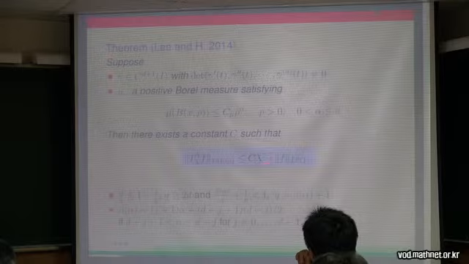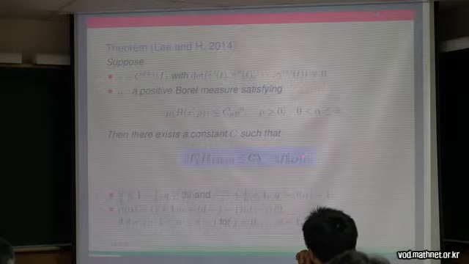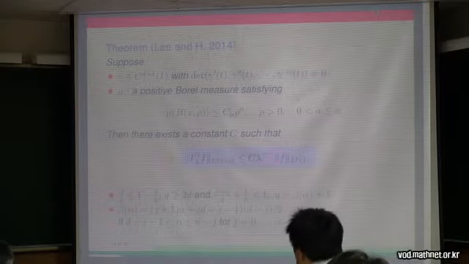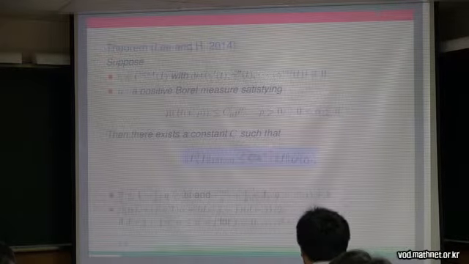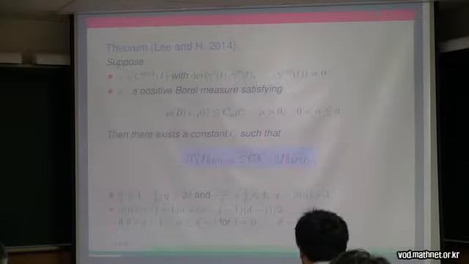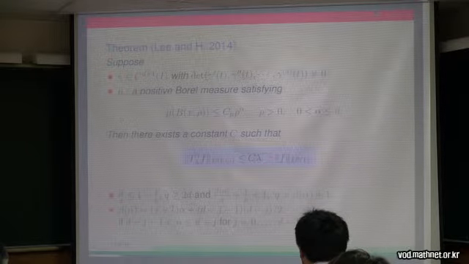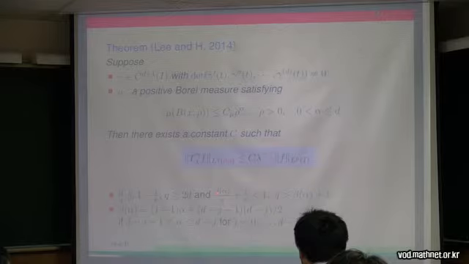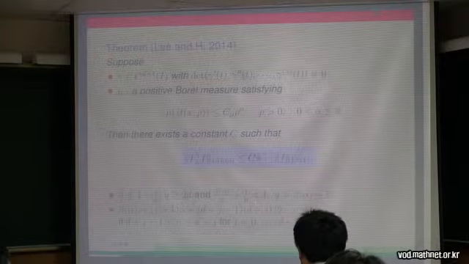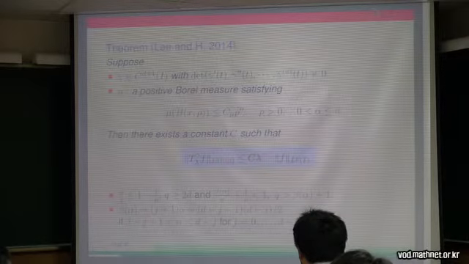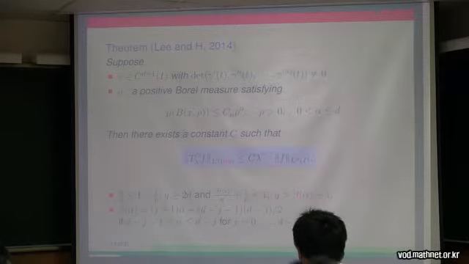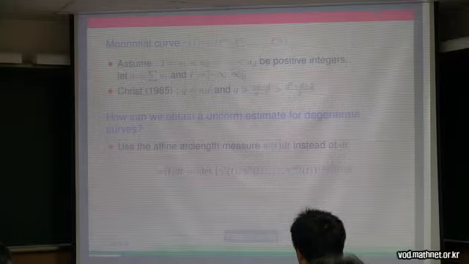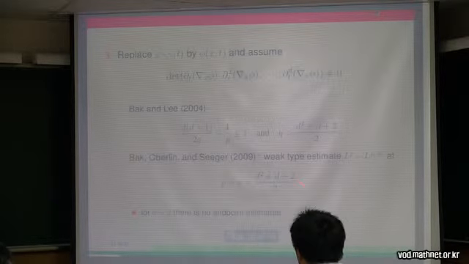Then we can obtain some kind of decay estimate. The decay is changed from d over q to alpha over q. Under these conditions, beta(alpha) over q plus 1 over p is less than 1, and q is bigger than beta(alpha) plus 1, which is related to these conditions.